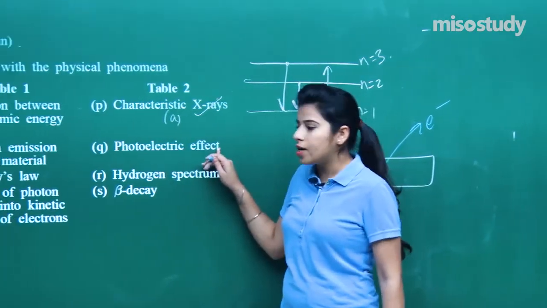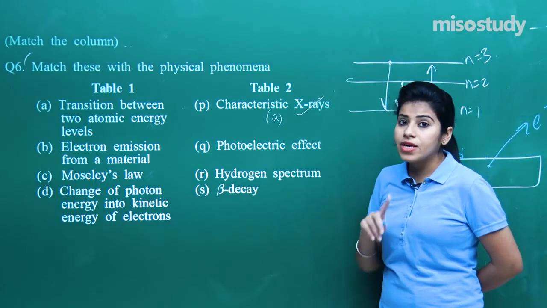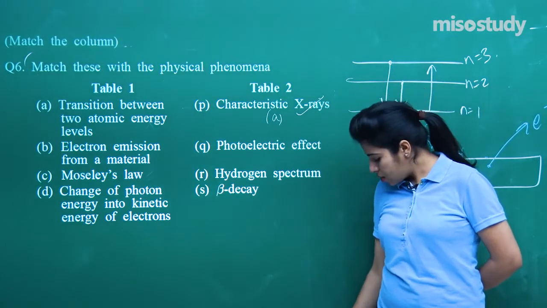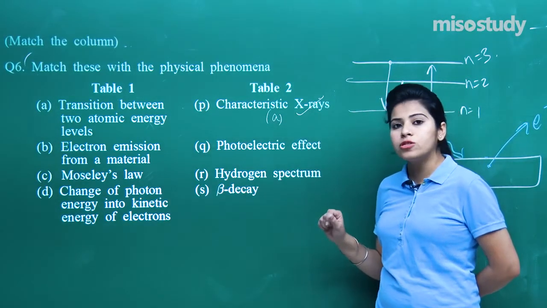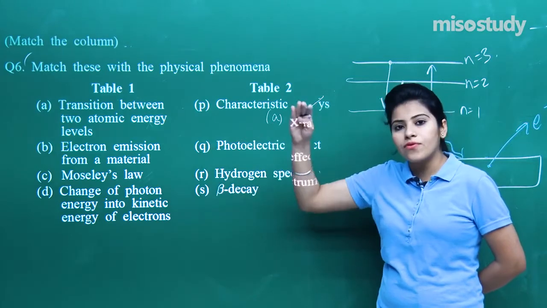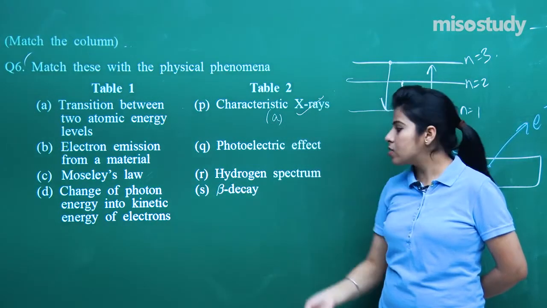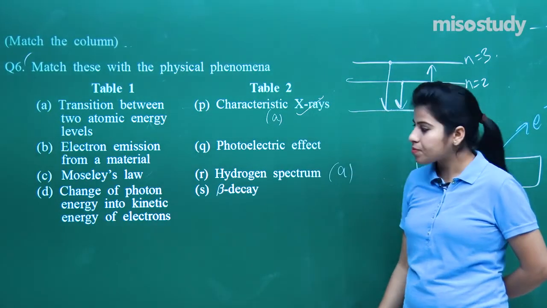This cannot be A. Let me just read for hydrogen spectrum. Yes, it can happen because we have learnt about the hydrogen atom, hydrogen spectrum, and we know that in the case of hydrogen spectrum, transition of electrons takes place between the atomic energy levels. So yes, this can also be correct. So I am writing A over here.